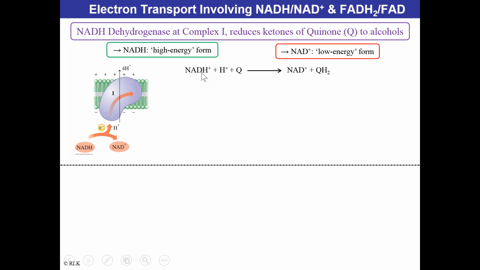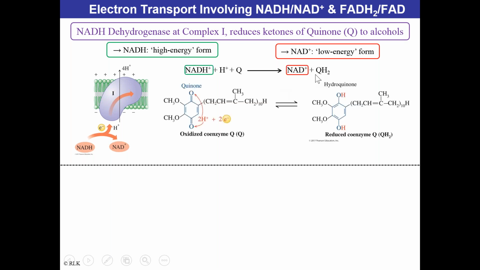So the NADH, and in an acidic environment anyway, H plus, this Q, this quinone, will then undergo the redox reaction where NAD plus is formed plus this QH2. Okay, so one's going to get oxidized, one's going to get reduced. We understand that. And what we're really talking about here is that within this complex 1 is where this quinone is undergoing this reduction, right?